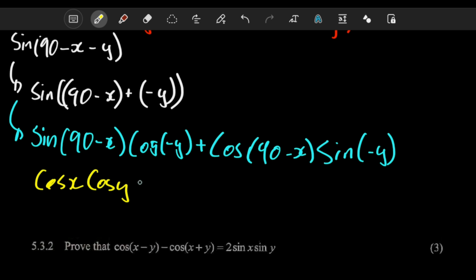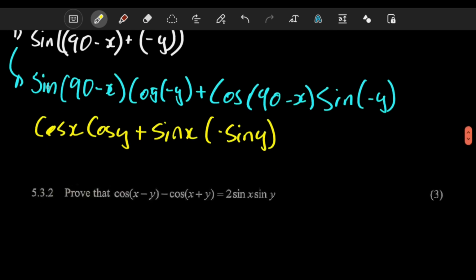Here you have to be careful, because sine of a negative value is going to give you a negative sine of that value. So if you simplify here, you're just going to have cos x cos y plus, no, this is going to be a minus now, because a plus times a minus gives you a minus, and then you're done.